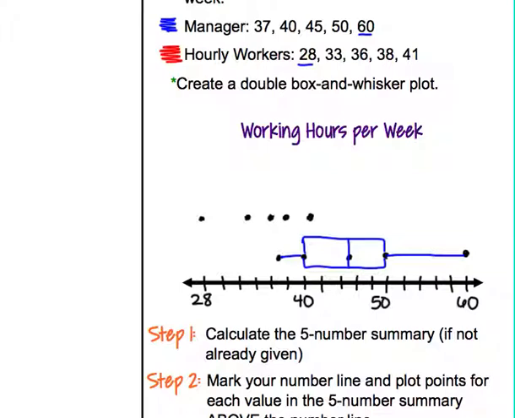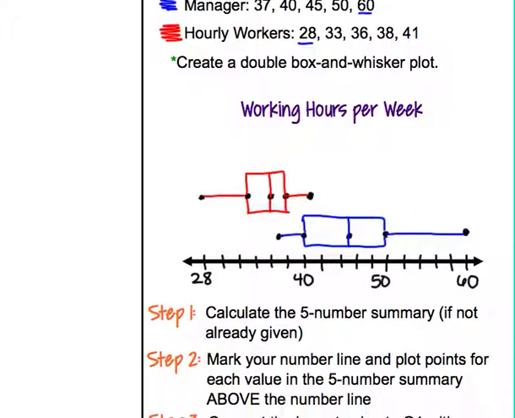And then we'll take our red that we said we were going to use: whisker, box, first quartile to third quartile, connect the line down through the median, and then another whisker. So now we've got our box and whisker plot created.